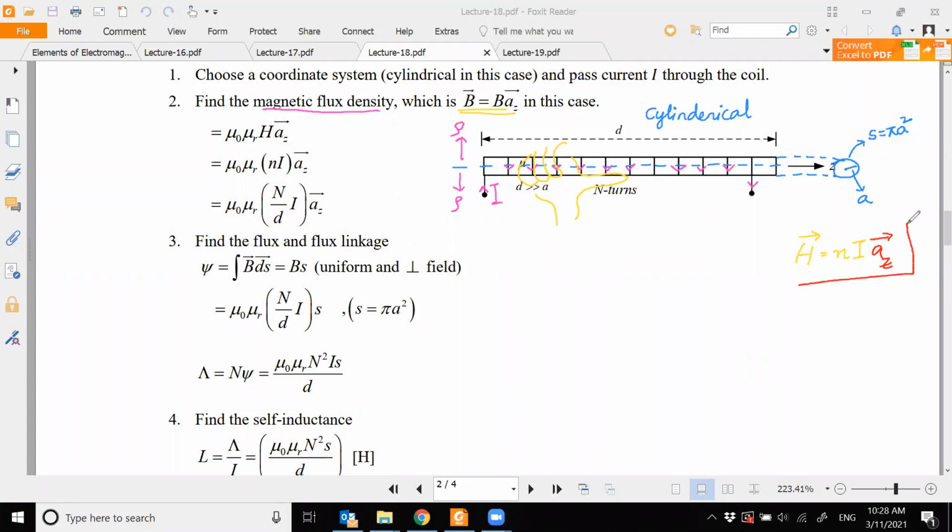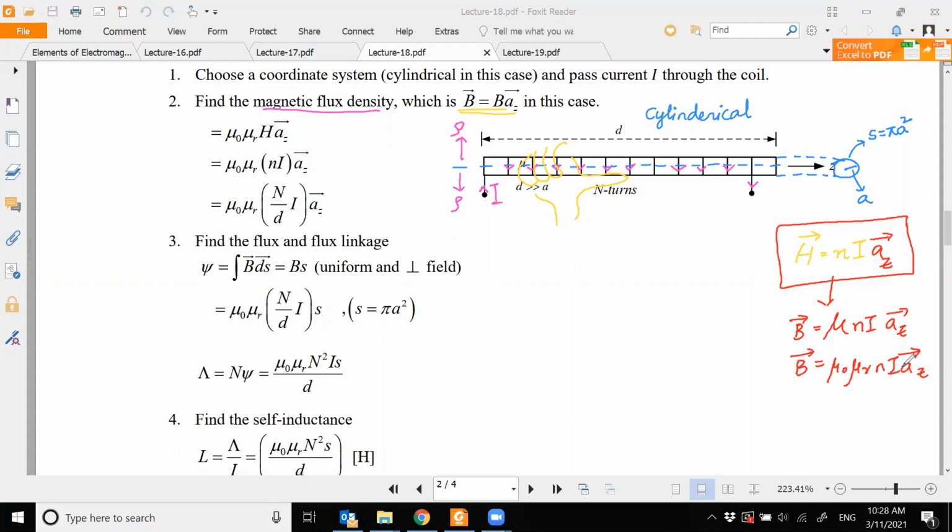We derived it in, I think, our lecture number 15. H is Ni times az. So therefore, B will be what? Because we want B here. So it is mu Ni times az, and mu is nothing but mu naught mu r, so B is mu naught mu r Ni times az.